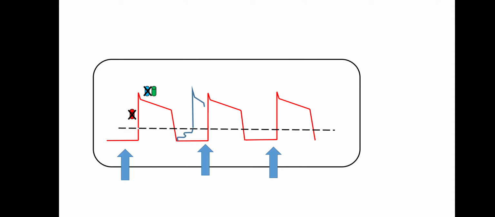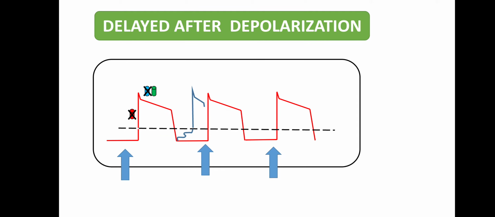Since this afterdepolarization has occurred after completion of the primary repolarization, meaning there is no interference with the repolarization, the primary repolarization stage has been completely completed. Therefore this type of afterdepolarization is known as delayed afterdepolarization.